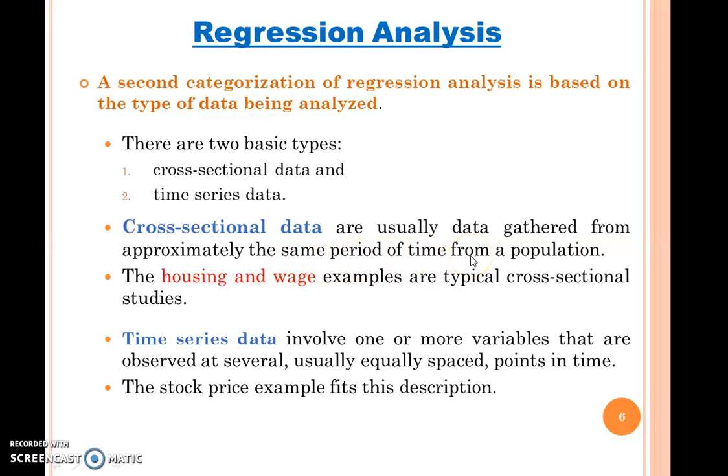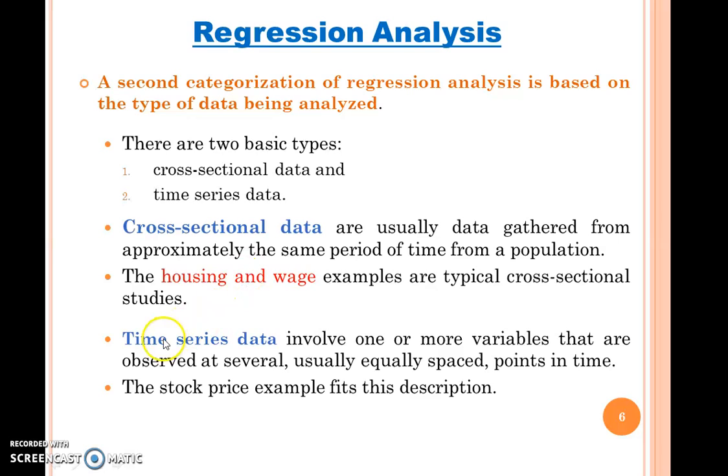For example, if you take 2000 data, all the data will be taken in the same period, 2000 or 2001. Housing and wages examples are typical cross-sectional studies. If you go and purchase a house, what is the price of the house at this time? At present, what is the wage of an employee? These are data which can be collected in the same period.